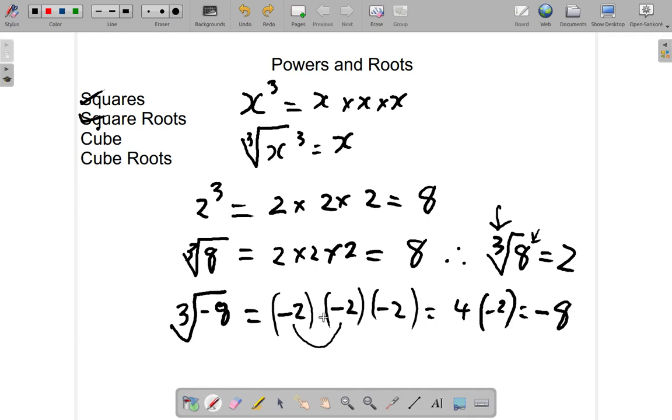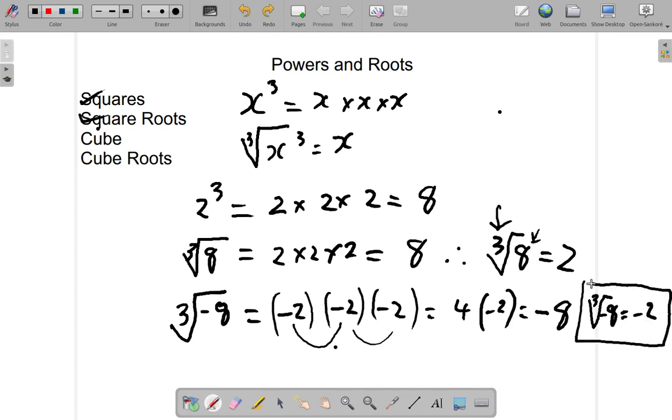So we had multiplied negative 2, negative 2, and negative 2 to give negative 8, which means that the cube root of negative 8 is negative 2. So yeah, we can find the cube root of a negative number. So the cube root of negative 8 is negative 2.